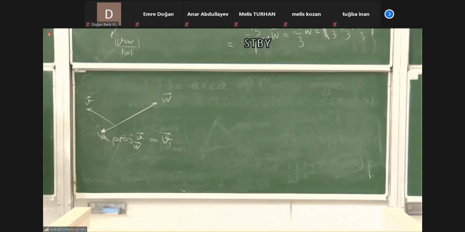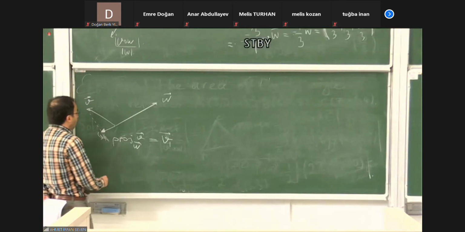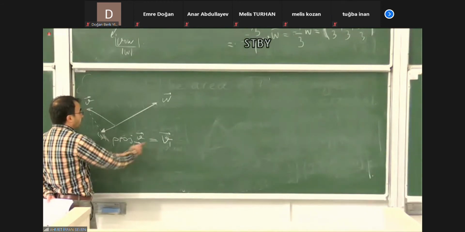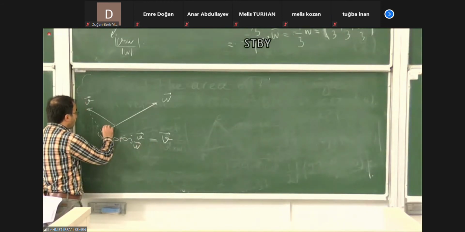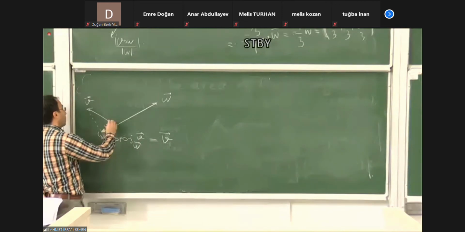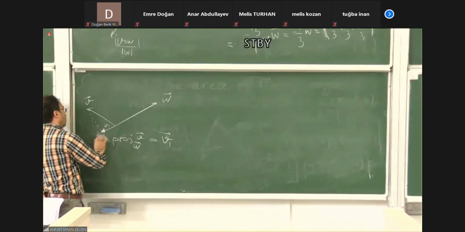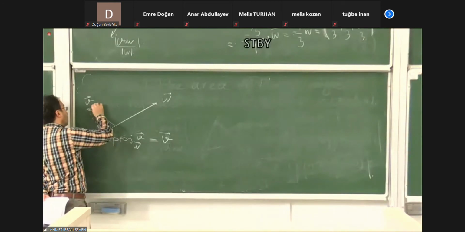All right, let me ask then the following. If this is V1, V1 is here now. What is this vector here?